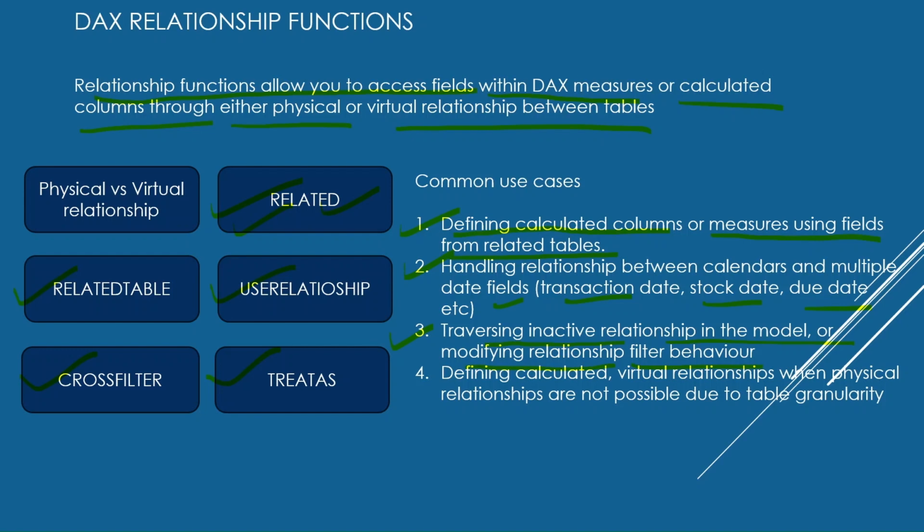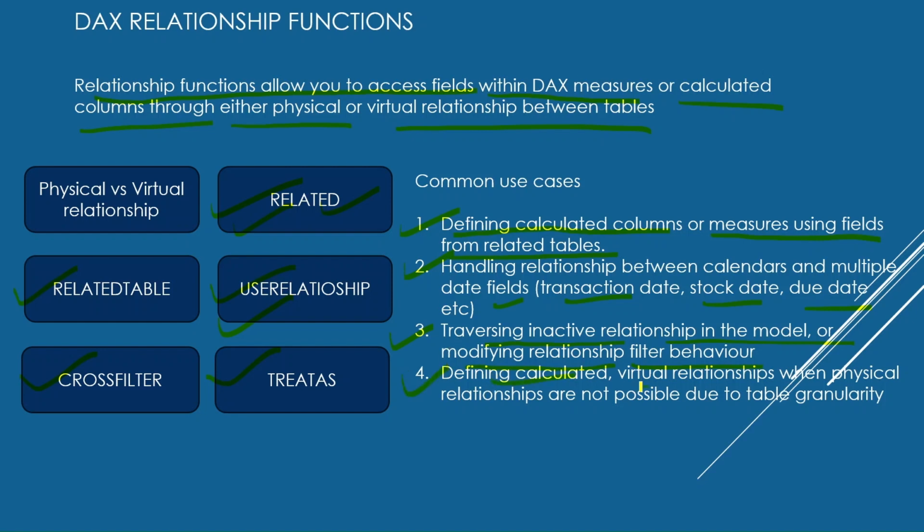We can also create an inactive relationship as well, and when there is a requirement, during the creation of DAX or calculated measures, to use the inactive relationship, then with the help of the USERELATIONSHIP function, whatever inactive relationship exists in the data model, we can use that inactive relationship.